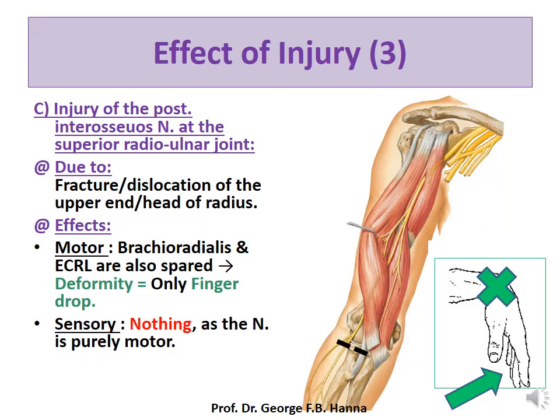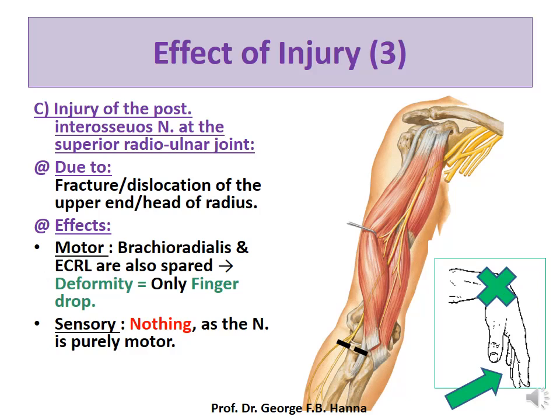Let us go to the effect of injury of the posterior interosseous nerve, which is purely motor, at the superior radioulnar joint, which can be injured here by fracture dislocation of the upper end or head of the radius.